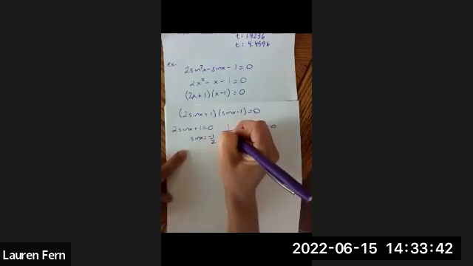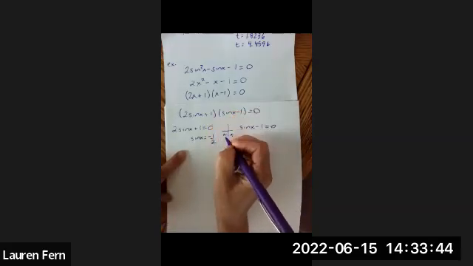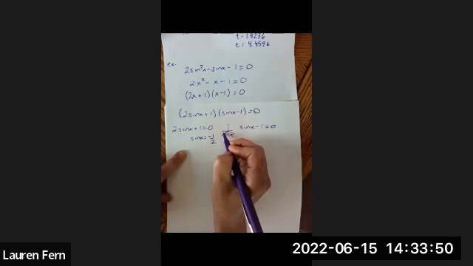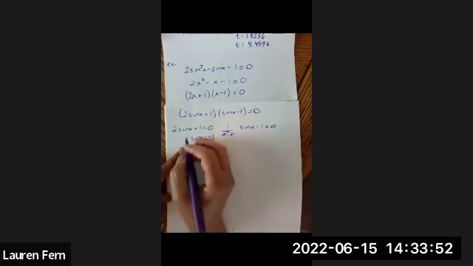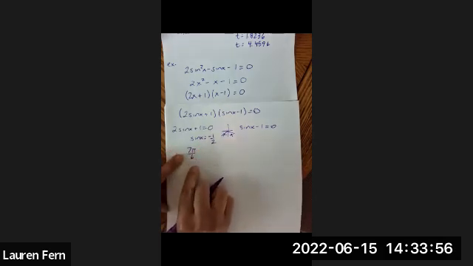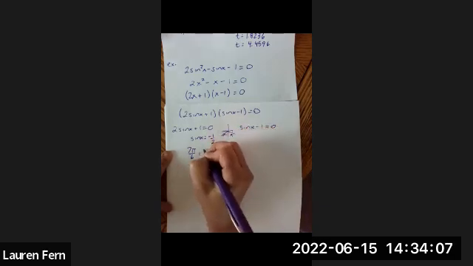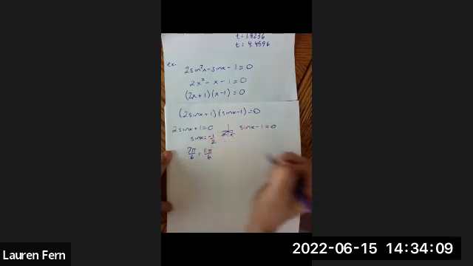That's pi over 6. So I know that pi over 6 is going to be my reference angle in my third quadrant. So pi plus pi over 6 is 7 pi over 6. And you could put that in decimal form by multiplying that out if you'd like. And if pi over 6 is my reference angle in my fourth quadrant, well, I take 2 pi minus the pi over 6, which is 11 pi over 6.